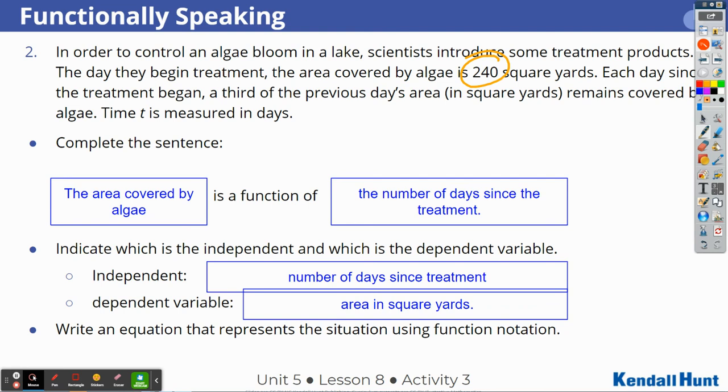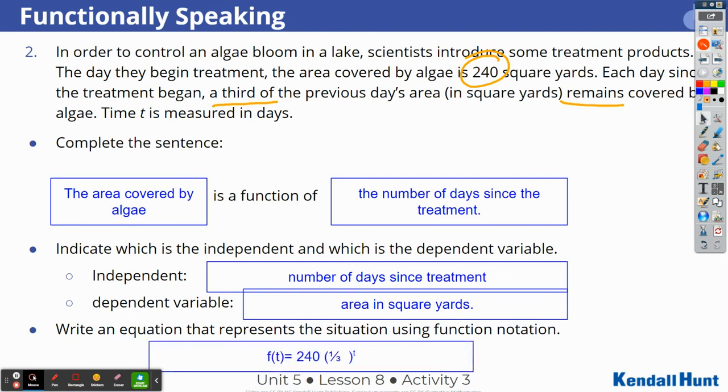So our initial value is 240 square yards, and then it tells us that it's got 1/3 of the area remaining. So instead of having to take that away from 1, we already know that that's what's left. So we can use that in our equation. So f of t equals 240 times 1/3 to the power of t.